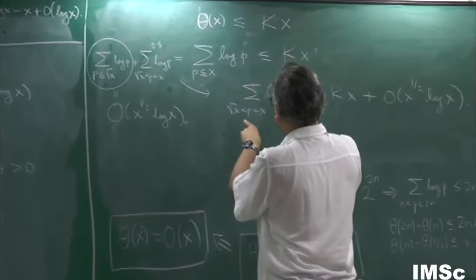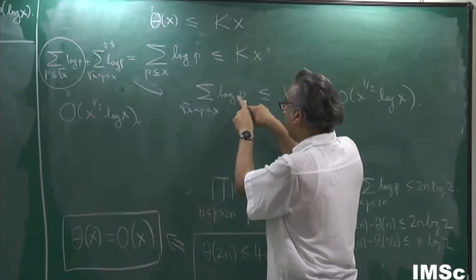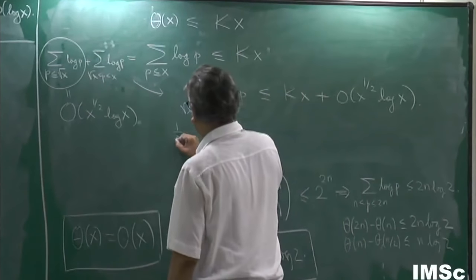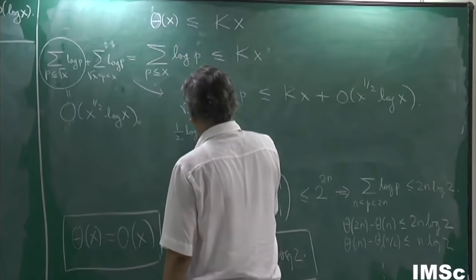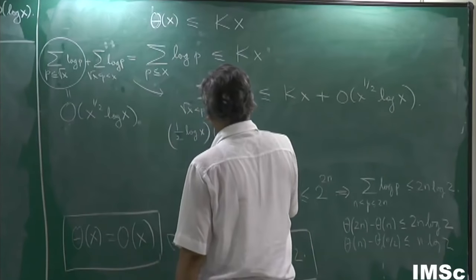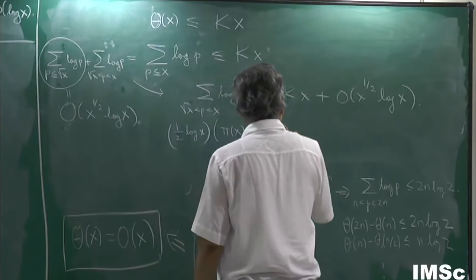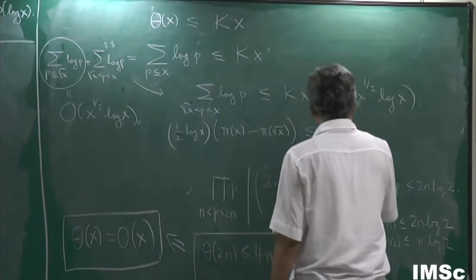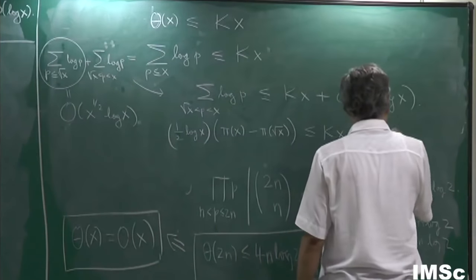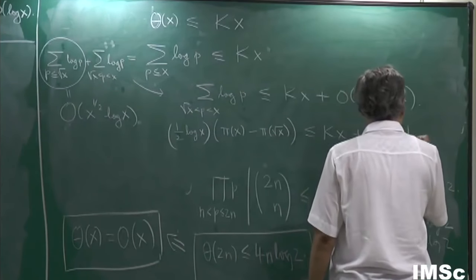So each of these terms here is at least log of root x. So 1/2 log x times the number of primes up to root x is bounded by kx plus O of x to the half log x.